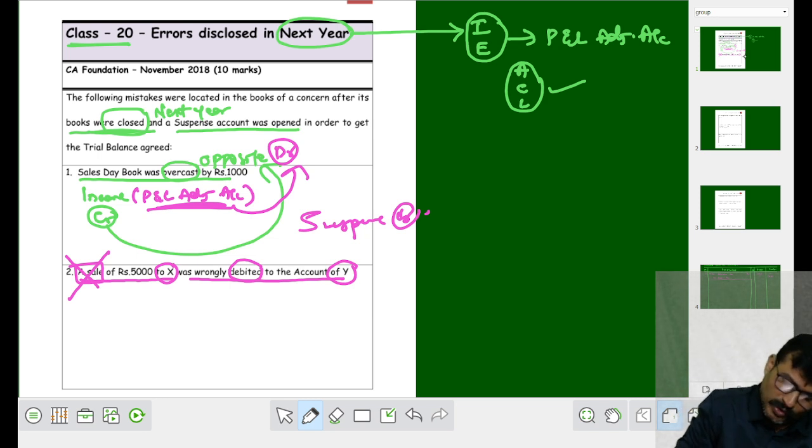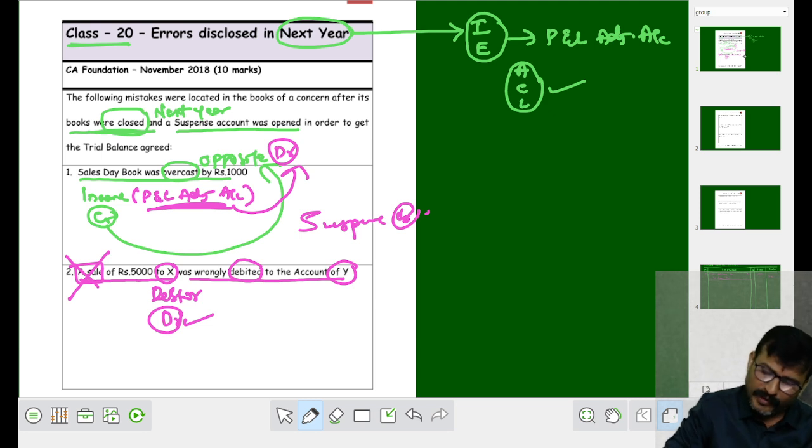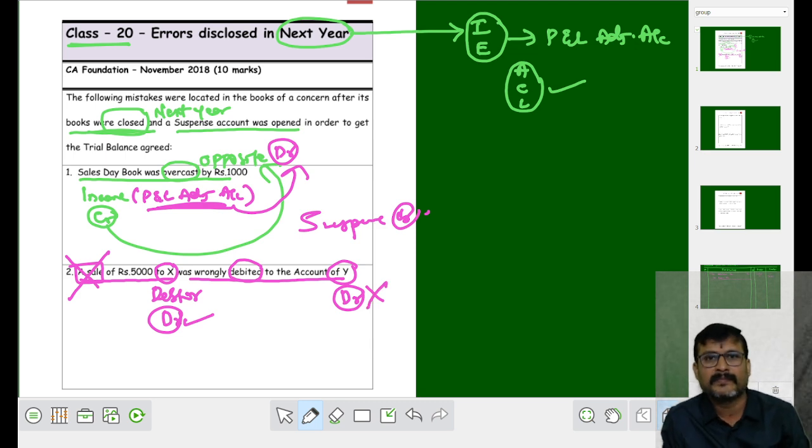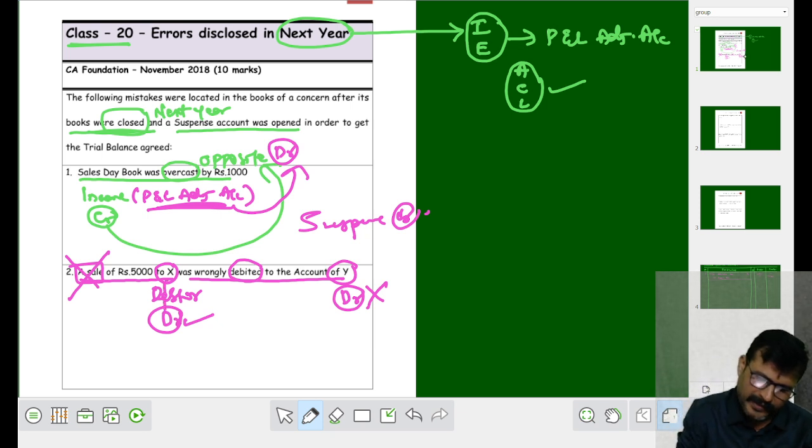Now when you sold goods to X, who is X? X is a debtor. What is to be done for a debtor? Debtor is to be debited. But unfortunately, you have debited whom? You have debited Y. What debit is it? Wrong debit. So X is the correct debit, but Y is the wrong debit. Now what to do?